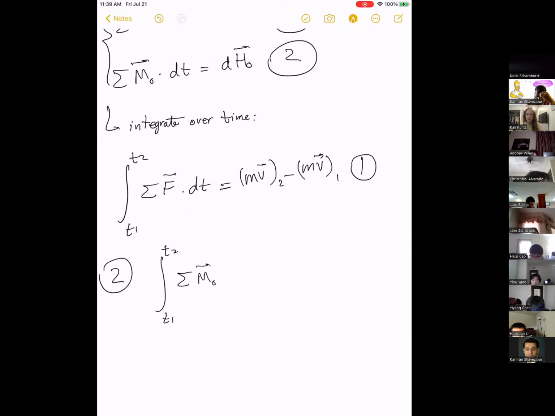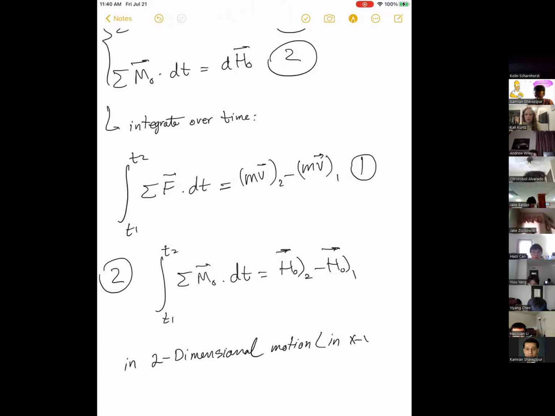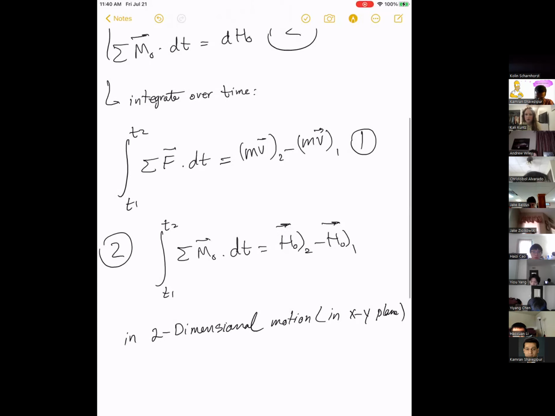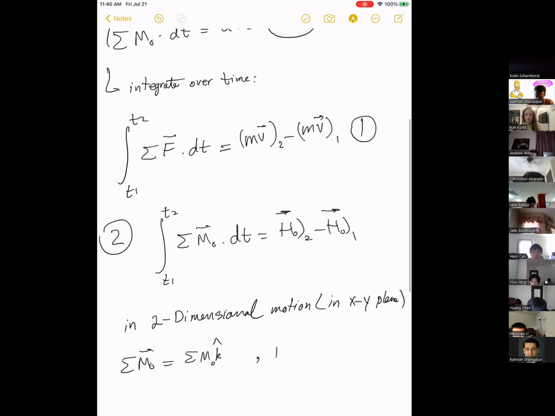And because we are in planar motion, we know that in two-dimensional motion, in XY plane, MO is going to be MO K, and H about O is going to be H about O K, so it's always in K direction.